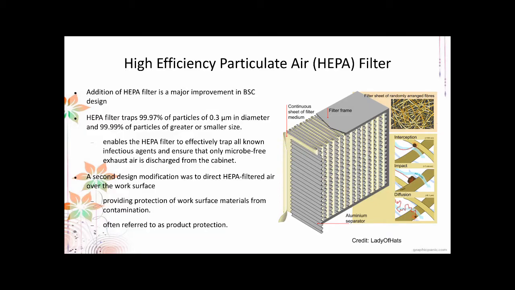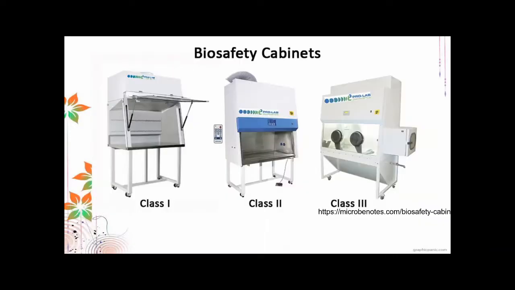You do not want microbes or viruses infecting your culture, so you apply HEPA filters to the influx air as well. They provide protection of work surface materials from contamination. This is also called product protection, because the biological material you are working on is a product, whether a stem cell or even a pharmaceutical product, and you want to protect it from outside contamination.